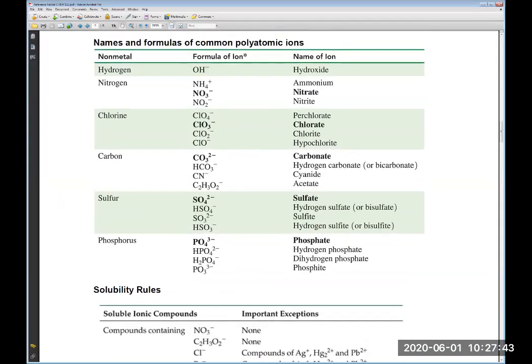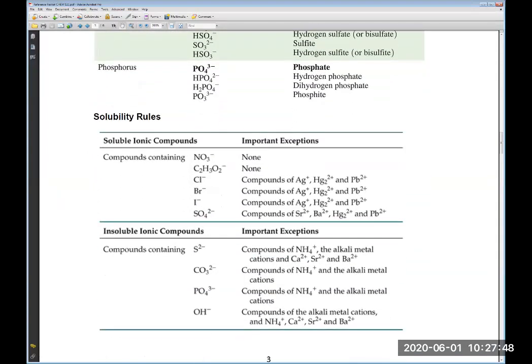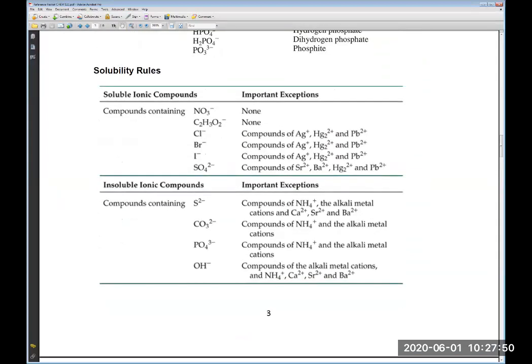Sulfate is also in the table of solubility rules, in the first part that says soluble ionic compounds, the last one here. Sulfate normally makes soluble compounds, except when it's with Sr2+, strontium, barium, mercury, and lead. And we have it with magnesium. So what do you conclude? Is MgSO4 soluble or not?